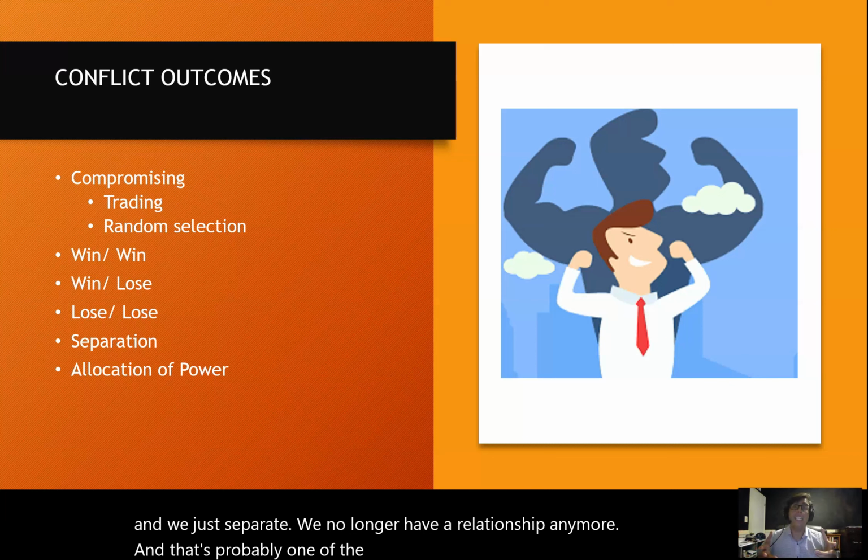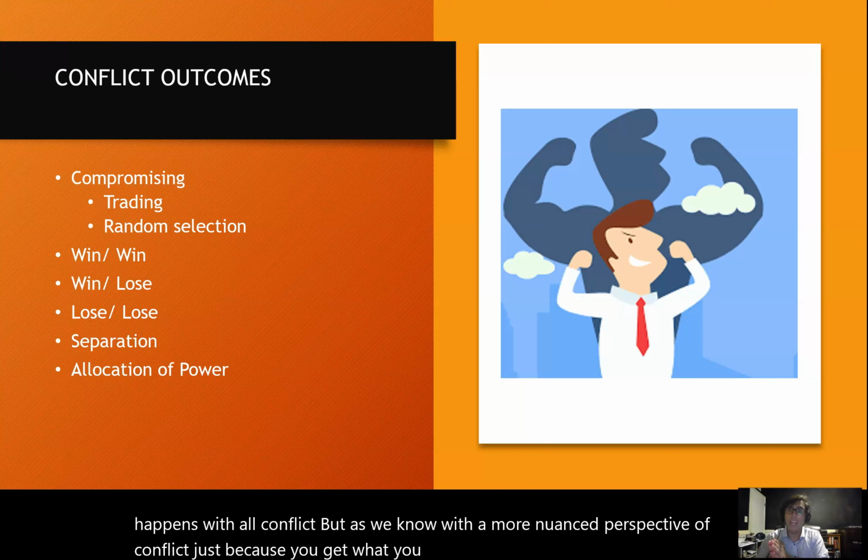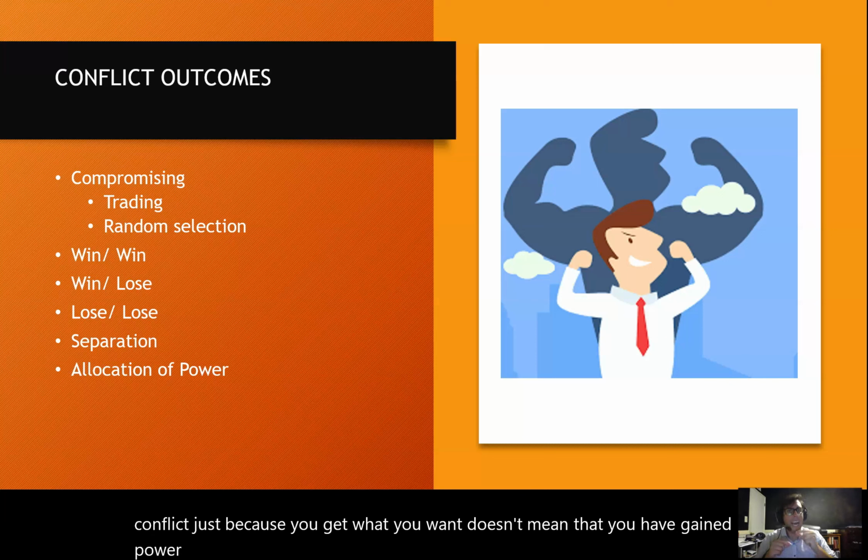Then we have allocation of power, and this happens with all conflict. But as we know, with a more nuanced perspective of conflict, just because you get what you want doesn't mean that you have gained power in that situation. Allocation of power is your ability to influence another person.